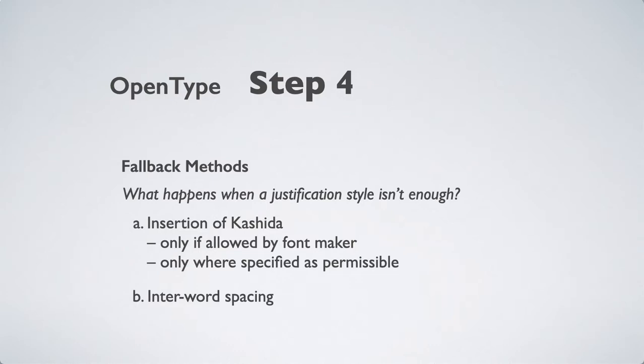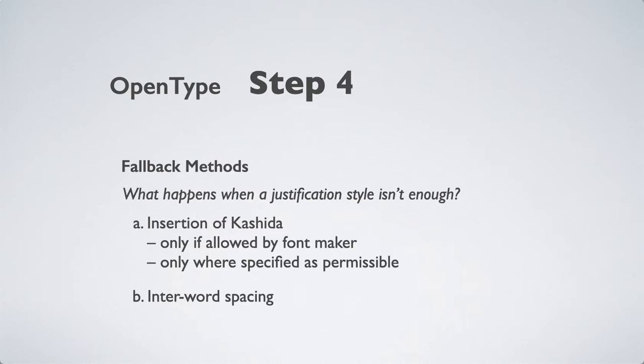Now, in the spirit of allowing the font maker full control, the automatic insertion of kashidas can only happen if the font maker explicitly allows it. And if allowed, the font maker must also provide a list of contexts where it's permissible to insert kashidas.